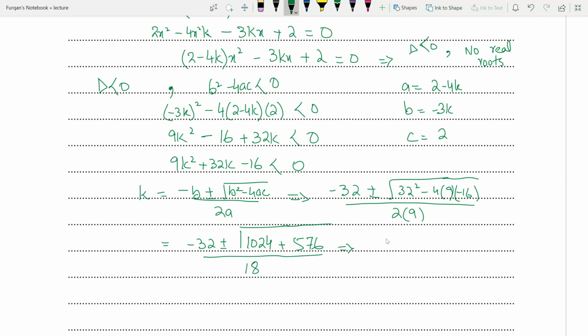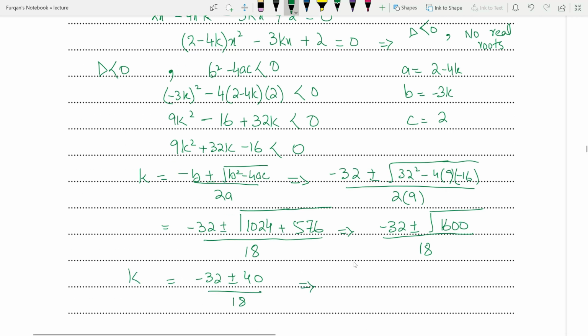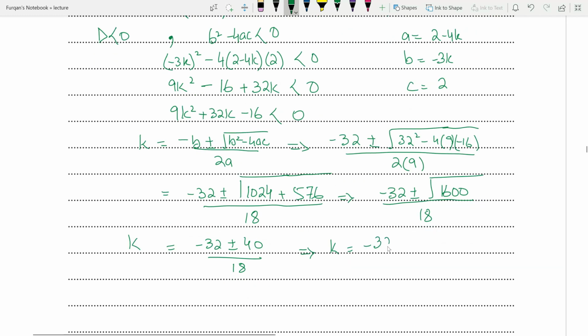Solving further, negative 32 plus or minus the square root of 1600 over 18, which is negative 32 plus or minus 40 over 18. So k is equal to negative 32 plus 40 over 18, and k is equal to negative 32 minus 40 over 18.